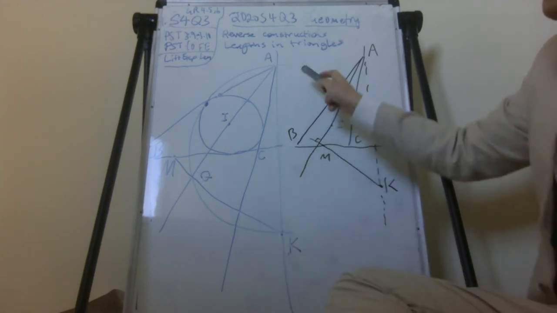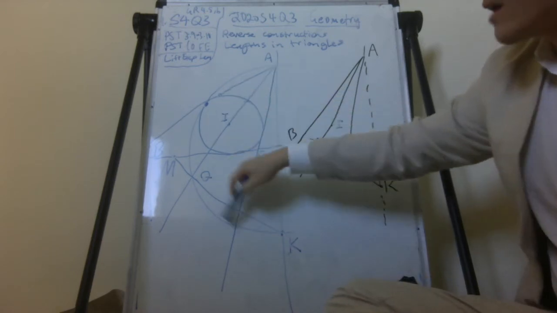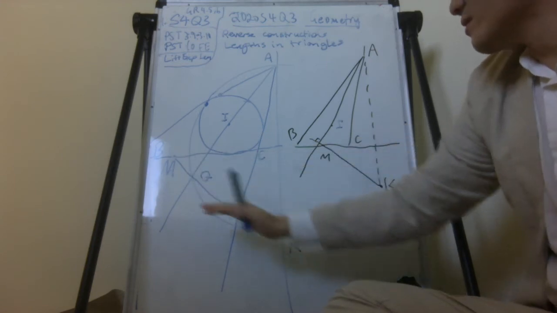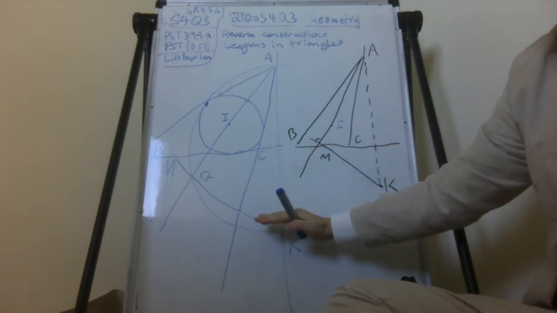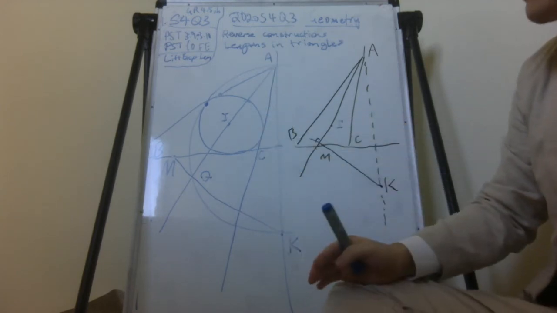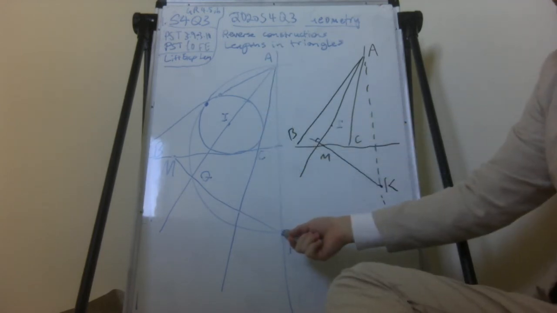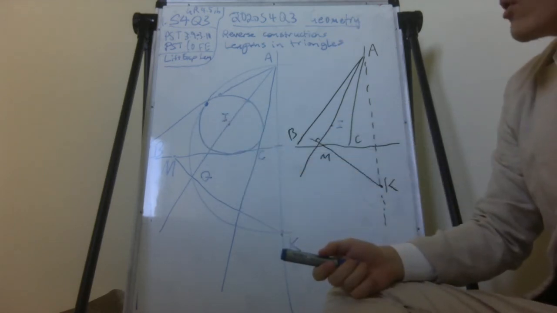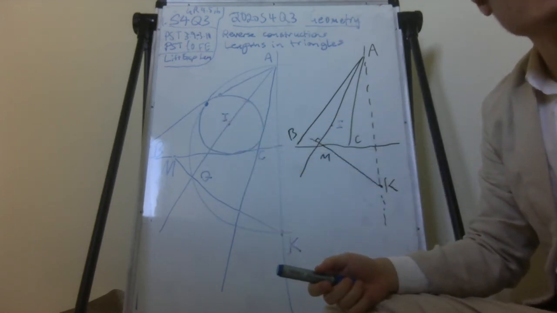Basically, if it's already touching at that point, yeah, you can see if you move M a little bit, it's going to go up a little bit, right? And then it's no longer going to be touching, yeah. So this point is unique for that point of touching, yeah. And then there's only one point touching, okay.